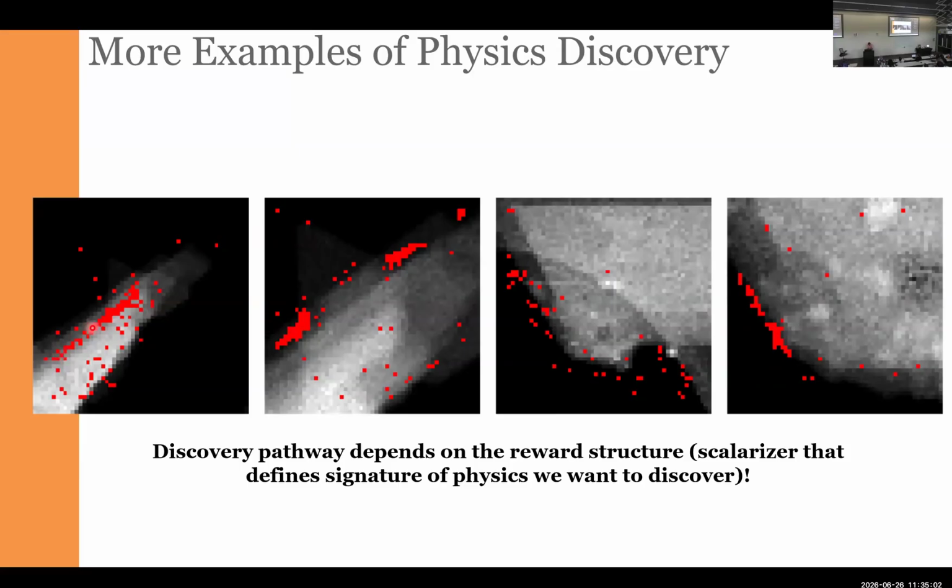Here it explores this edge, but not this edge or this edge. Here, for whatever reason, it really likes these regions where there are almost corners, but not this type of region. Here, it explored the locations, but it never really locked onto a specific point. And here it liked this edge, but not this edge.